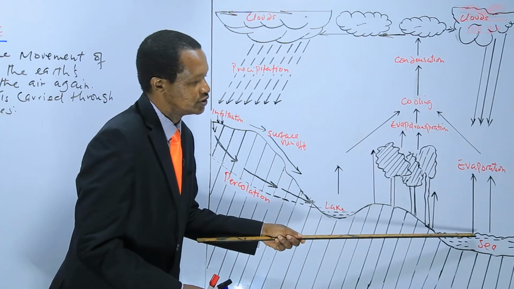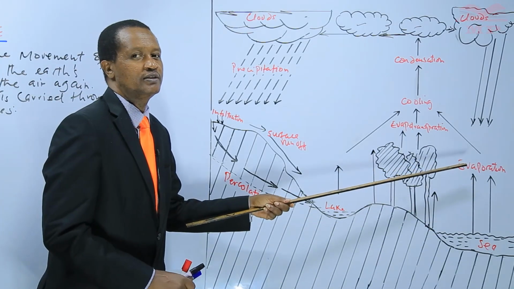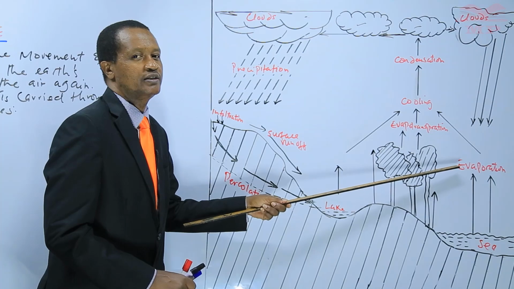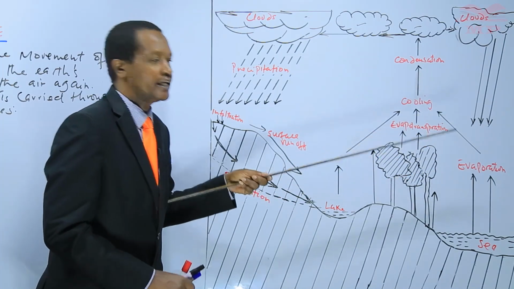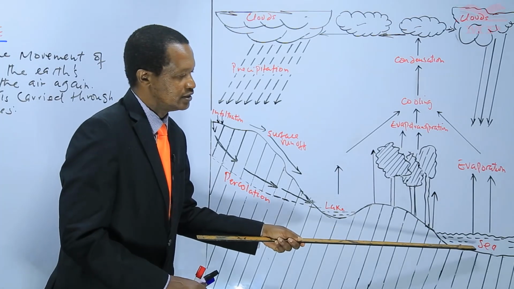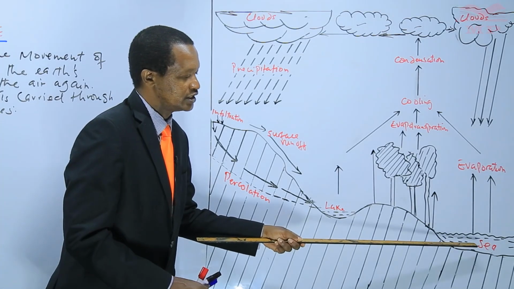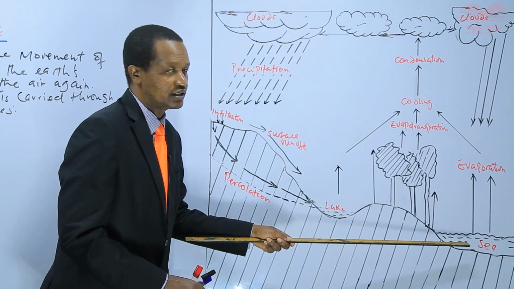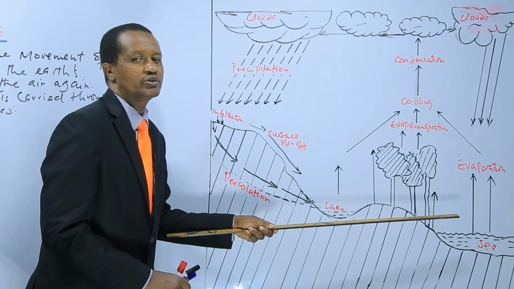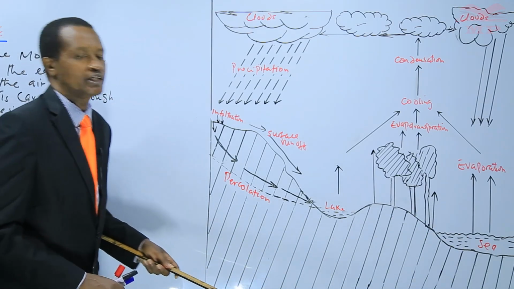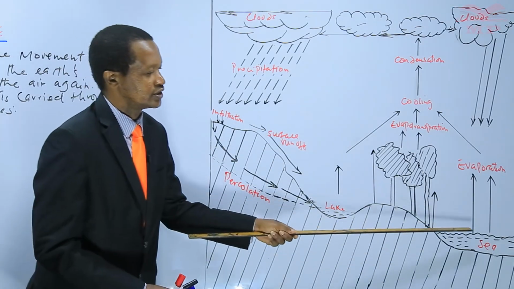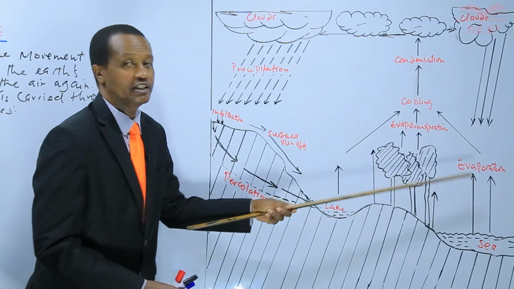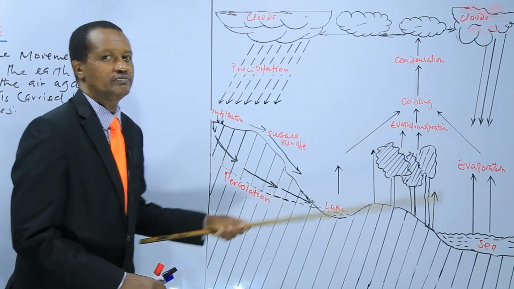Then evaporation takes place after the sun heats the water found in seas, rivers, lakes, swamps, and so on. And it rises into the atmosphere. You can see this water vapor rises into the atmosphere.